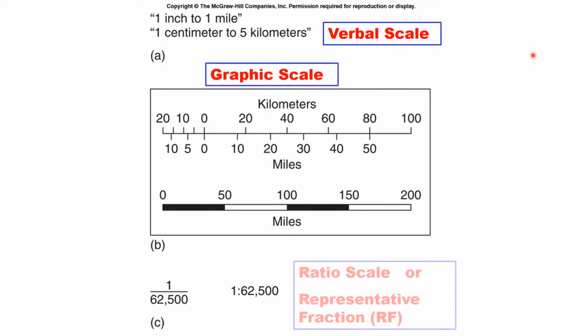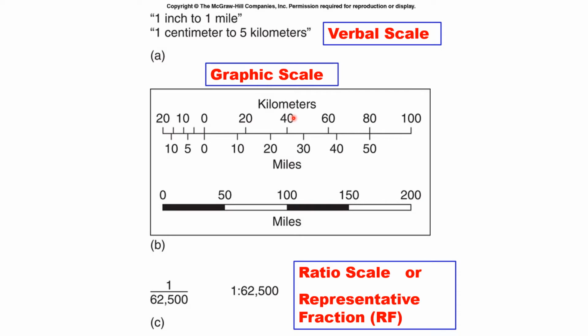Now, there are three ways to express scale. There's the verbal scale, graphic scale, and the RF. The graphic scale is probably the one that you're most familiar with. Somewhere down in the corner of the map they'll have a line segment, and then units are ticked off in miles or kilometers or whatever the units are.